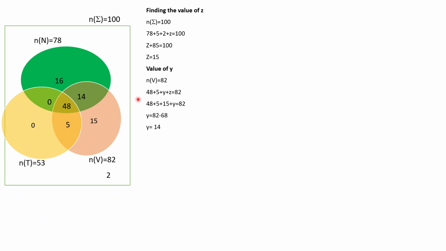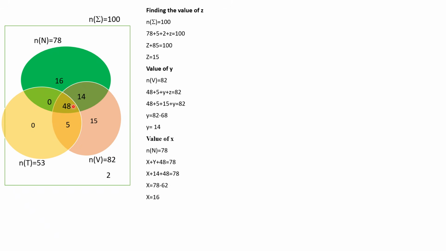Go back and check: 48 plus 5 plus Y plus Z is equal to 82, giving me Y as 14. And then the value of X, we have number of N is equal to 78. Do the same. Here we have X plus Y plus 48 is equal to 78, and we get the answer as 16.